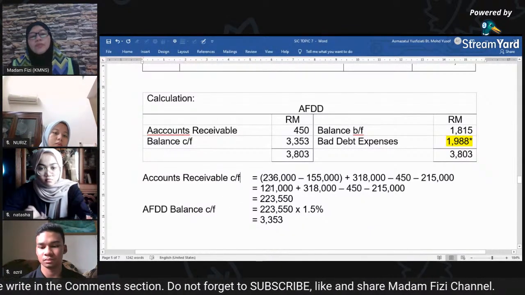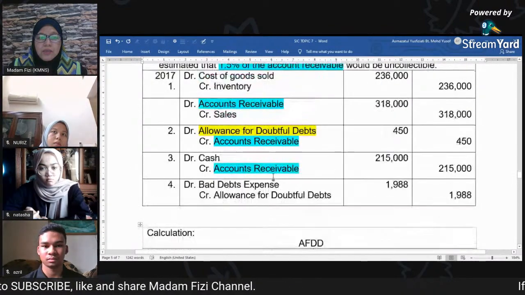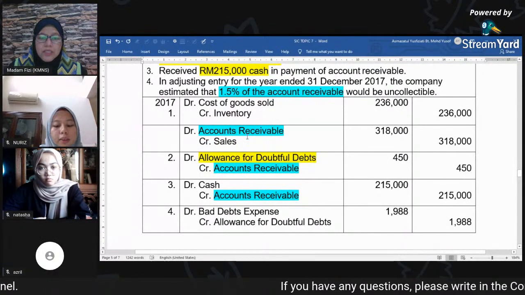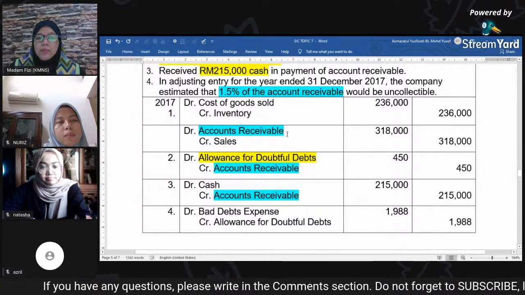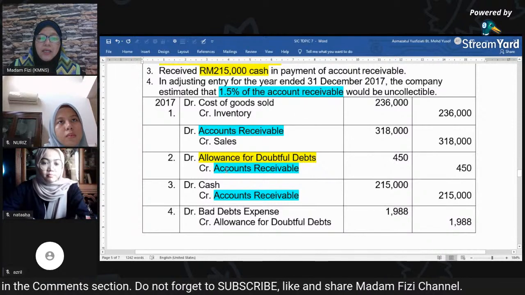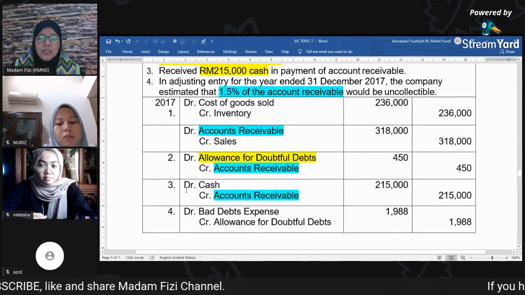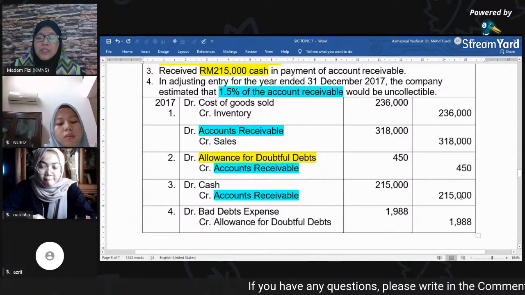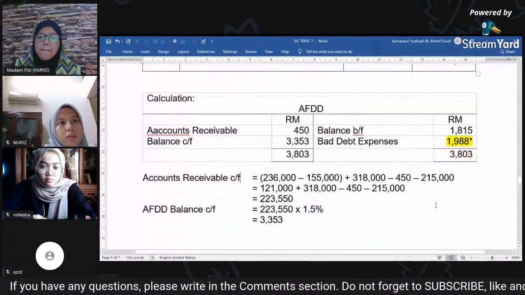So we look at the journals we did for transactions 1 to 3, ada accounts receivable: debit 318,000 means plus, credit accounts receivable means minus 450, and the third transaction also credit accounts receivable 215,000. That means you have to minus.